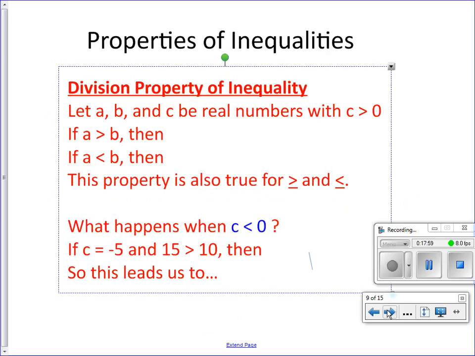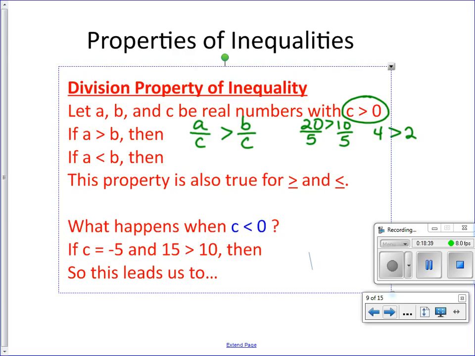If A is greater than B, then, and notice here we're dealing with a number C that's greater than 0, A divided by C will be greater than B divided by C. All right, an example, let's take 20 is greater than 10, and we're going to divide both sides by a +5. 20 divided by 5 is 4. 10 divided by 5 is 2. And we see that 4 is greater than 2. That is a true statement.